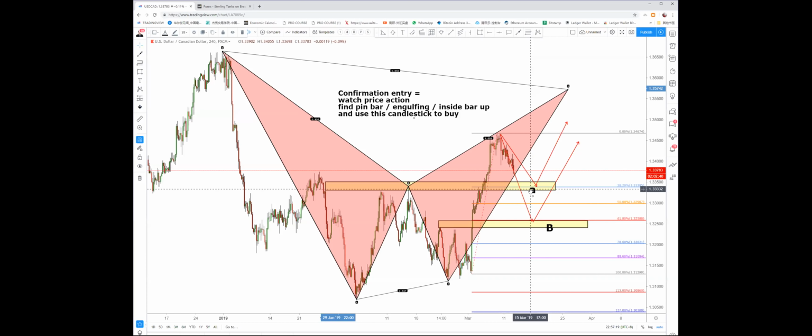You don't buy directly, but you wait for the price action to prove to me that there are buyers here, and you find a pin bar and engulfing candles to buy after the price hits into the supporting zone. Then you decide whether you want to go or not. Cool, right? Good. Let's go to oil.